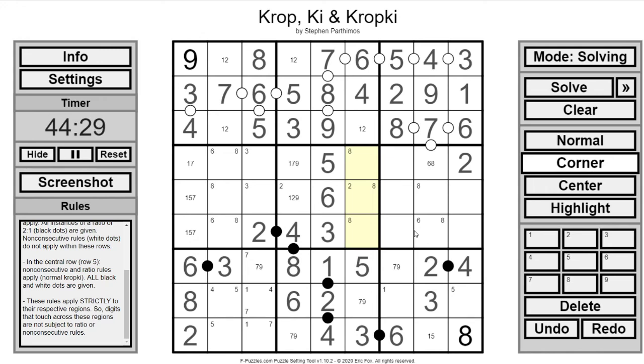Maybe I should look at this more closely. This might be a naked single, actually. Yeah, that would be really useful if it were. Can't be 1, 2, 3, 4, 5, 6.